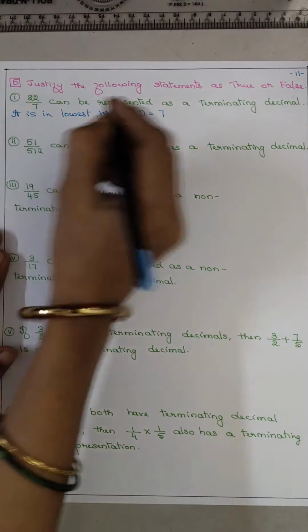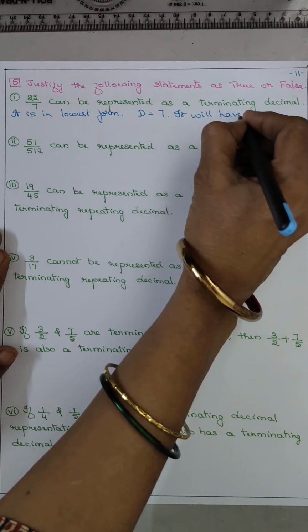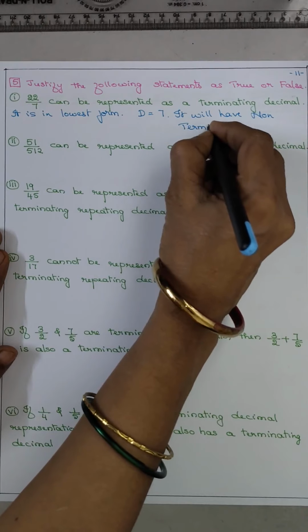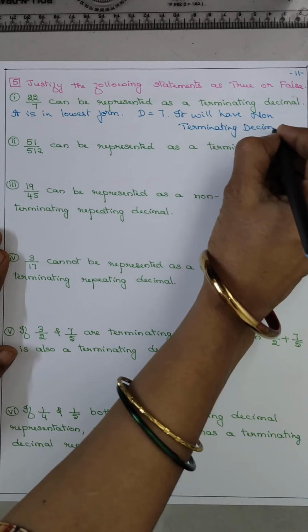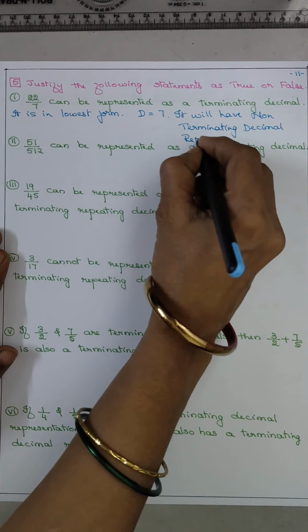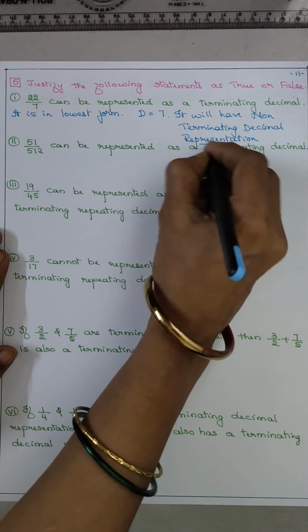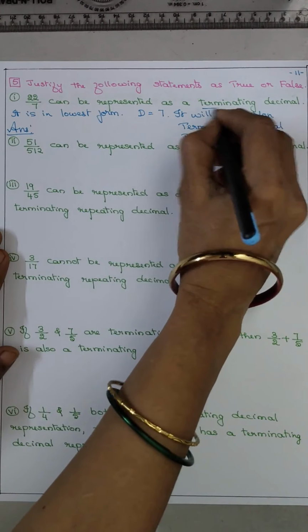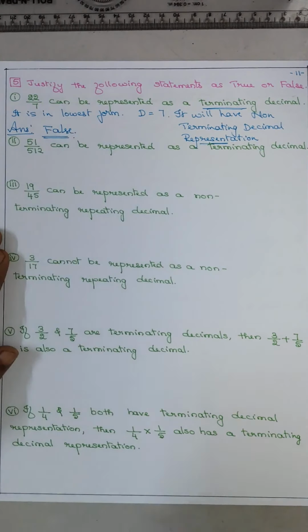So that means it will have a non-terminating decimal representation. Yes or no? Why? Because the denominator is 7. They have said terminating, so the answer is false. Justify means we have to tell why it is so.